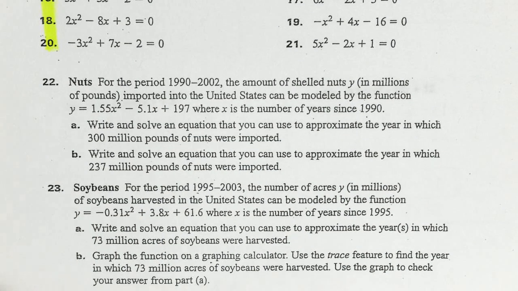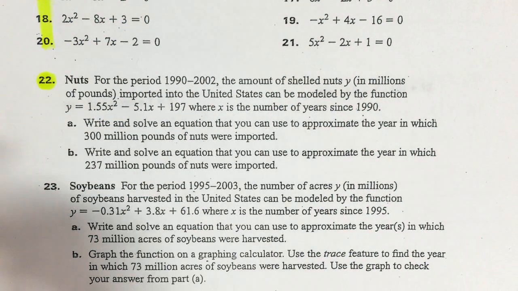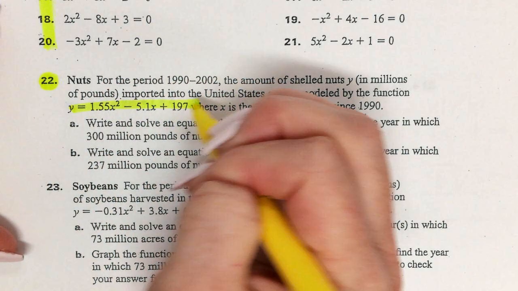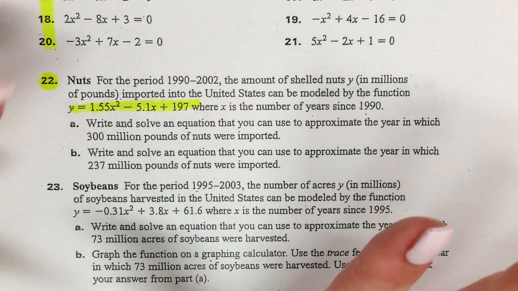And then you're going to do number 22, part A and B. They give you the function right here. Then you're going to solve for A. It says, well, let's look at it together.